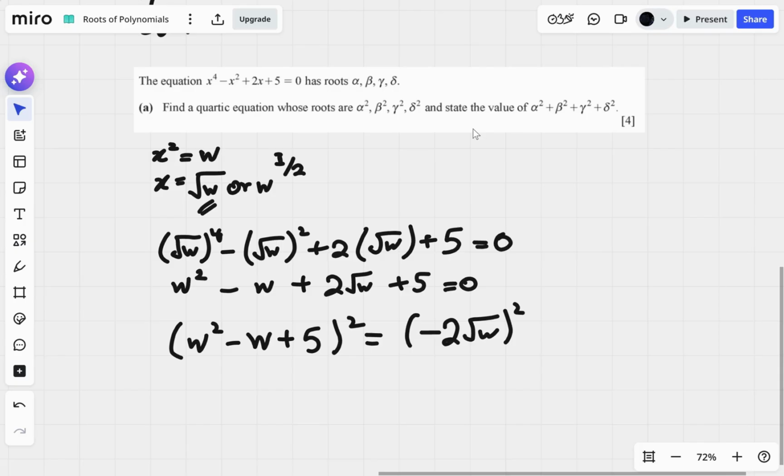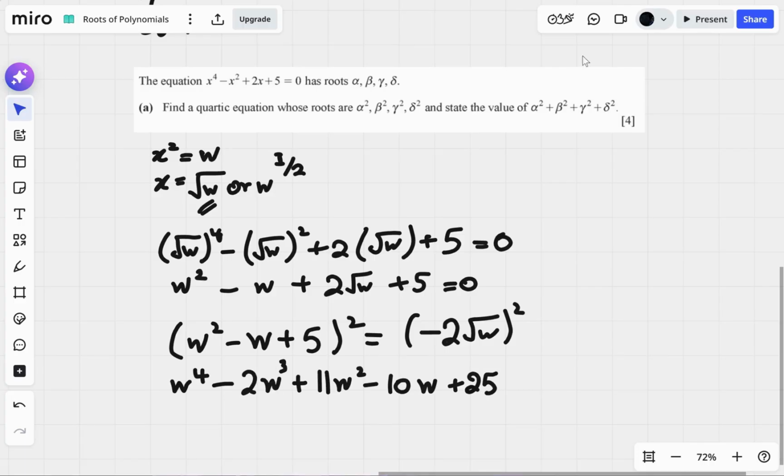Let me just quickly expand the left side of the equation and be back. Okay, so this is how you're going to expand the left side, and this is going to be equal to 2 under root w squared. That would just be 4w.